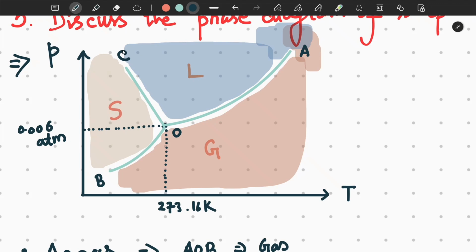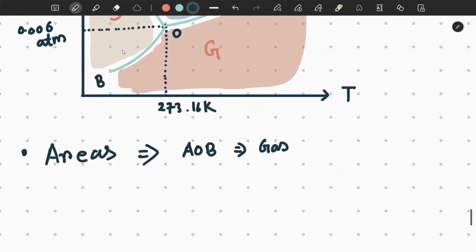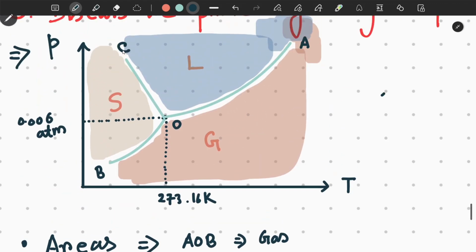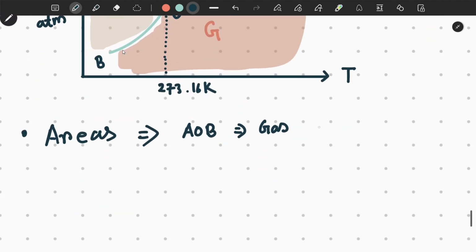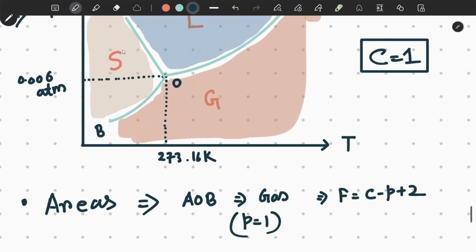In gas, the component is one because this is a pure substance. So what will be the degree of freedom? C minus P plus 2. Phase is 1 in this area.